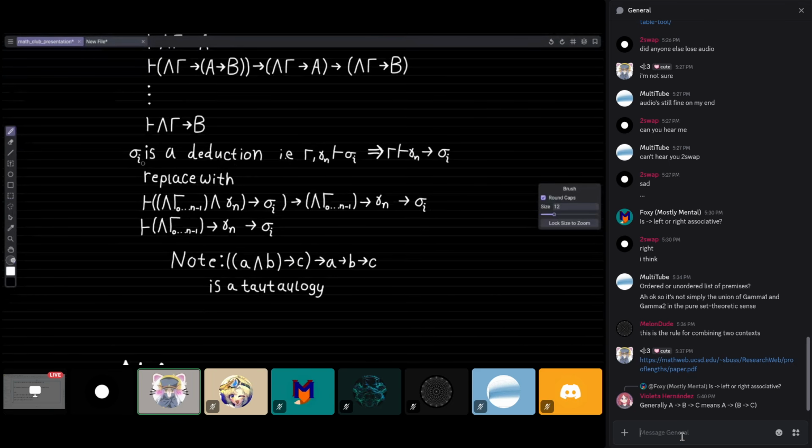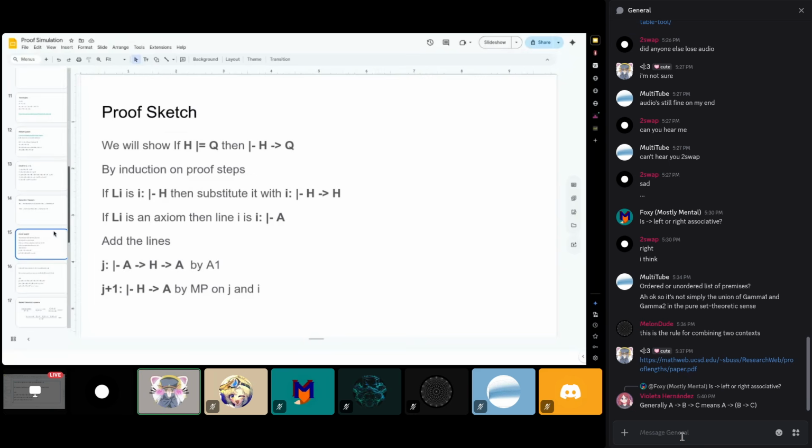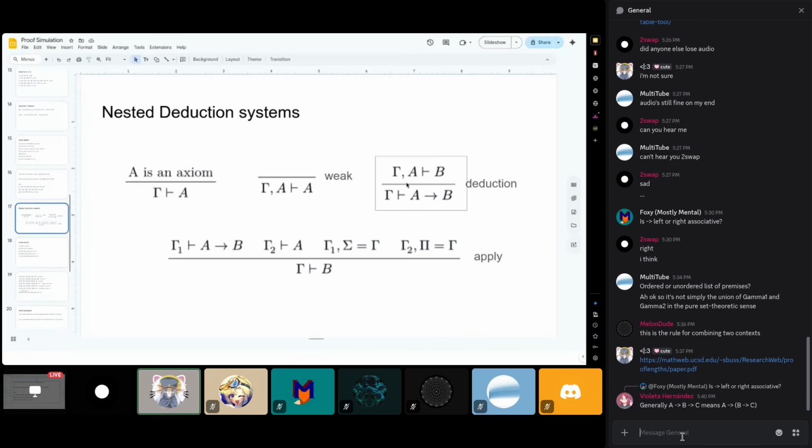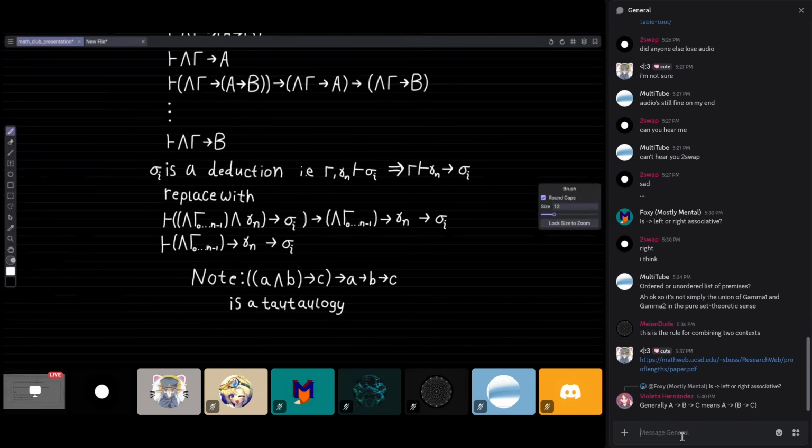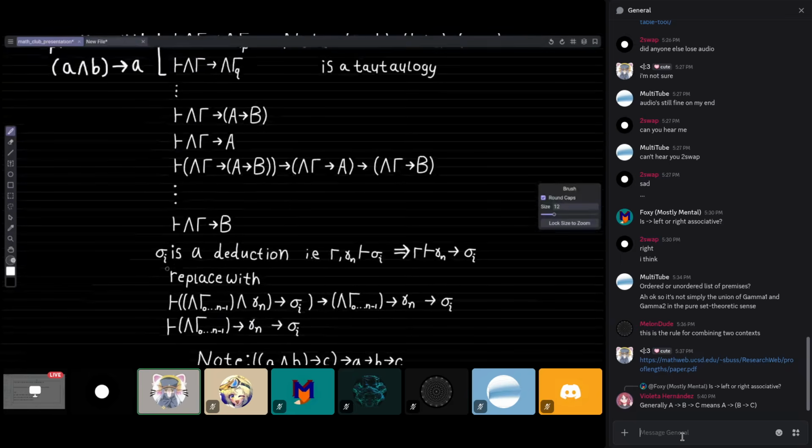Now, suppose sigma I is a deduction step. We talked about the deduction step earlier. If you have a context with A at the end of it and you can derive B, then from just this context, you can derive A implies B. And how do you do that?